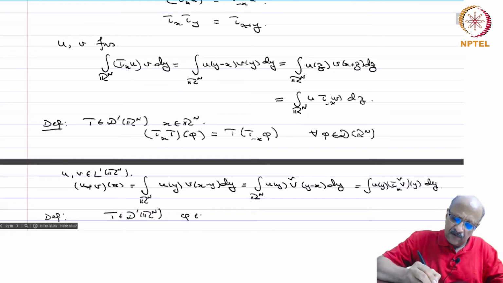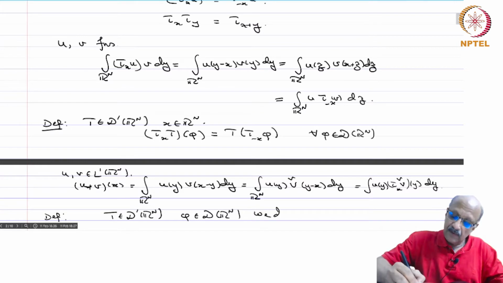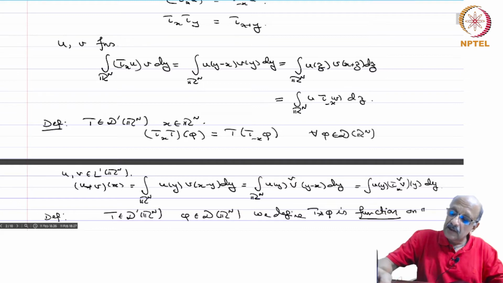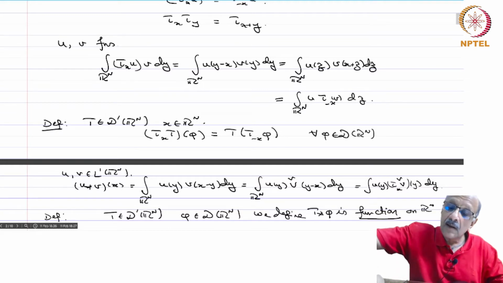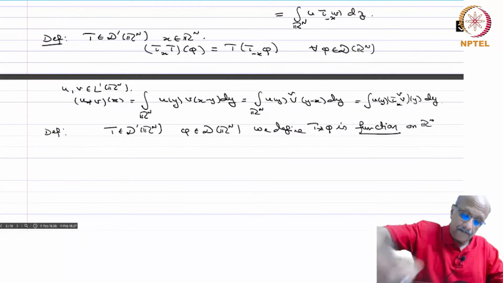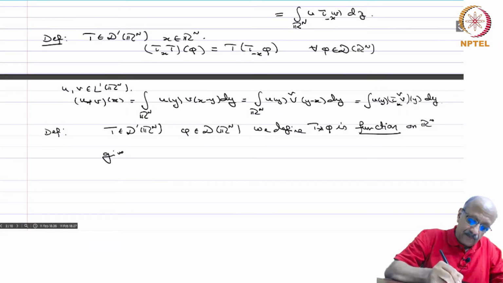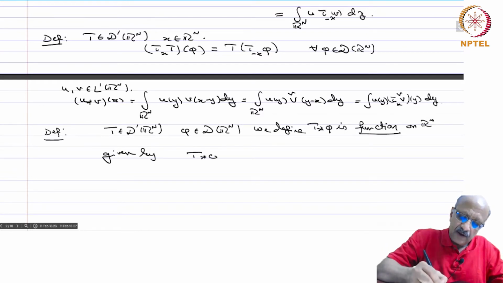So, if we copy this, given T in D prime of Rn and phi in D of Rn, then we define T star phi, which is a function on Rn, given by T star phi at any point x is equal to T acting on tau x of phi chesh.